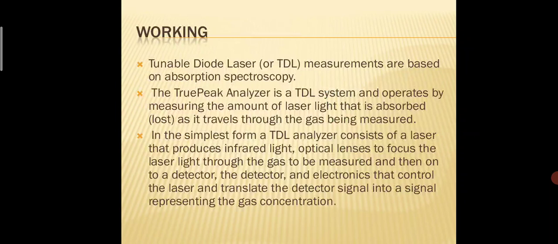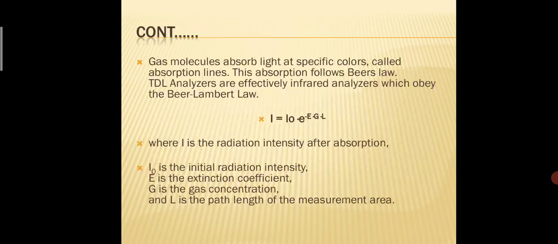The gas concentration is analyzed by using these photo detectors. Next, the gas molecules absorb light at specific colors called absorption lines. This absorption follows Beer's law. The TDL analyzers are effectively infrared analyzers which obey the Beer-Lambert law. This law is used in this method.